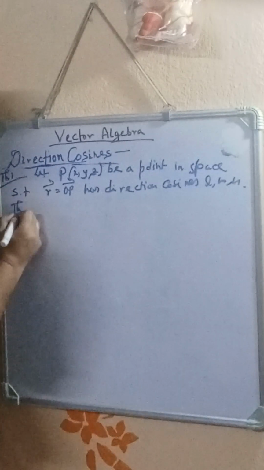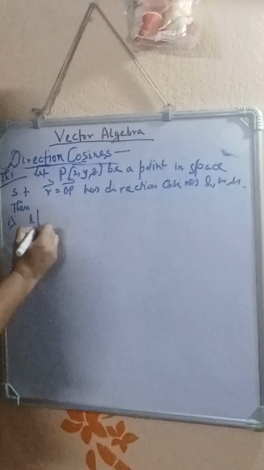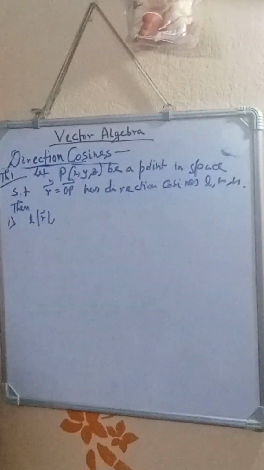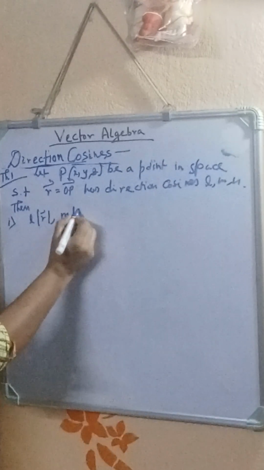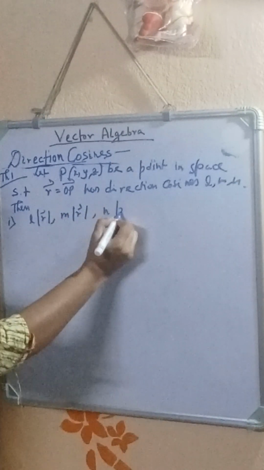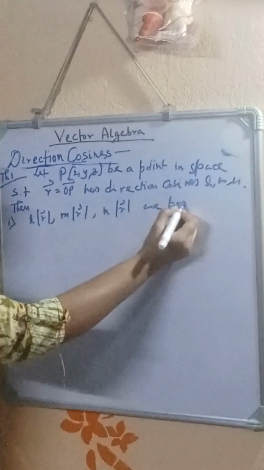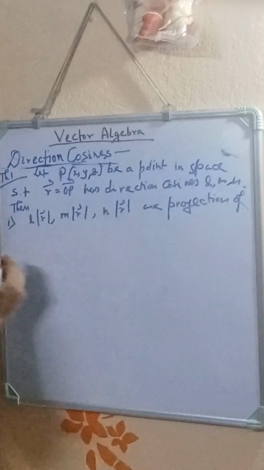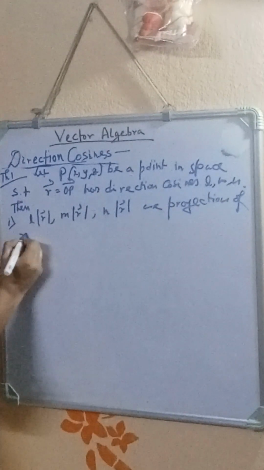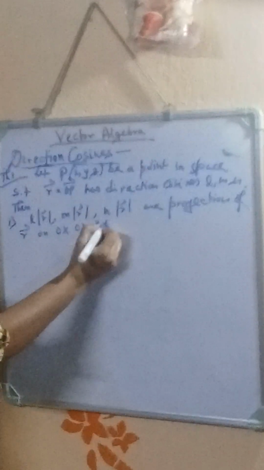Then number 1: l|r|, m|r|, n|r| are the projections of r vector on OX, OY and OZ.